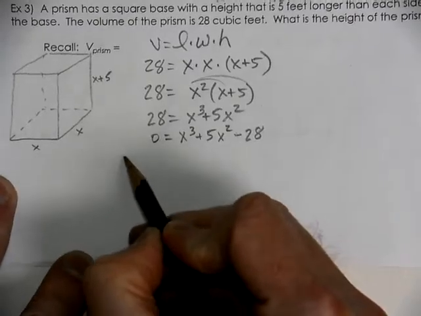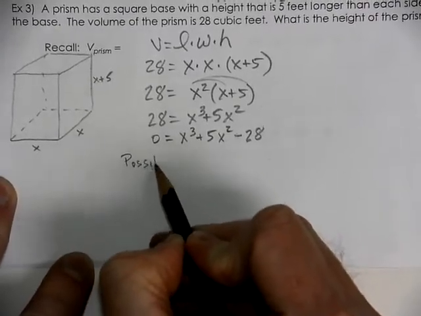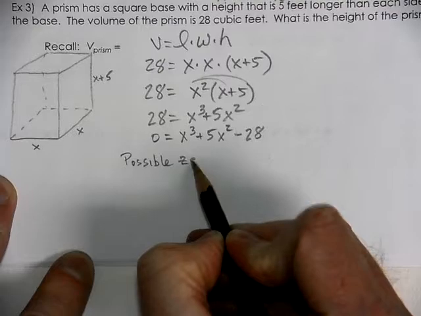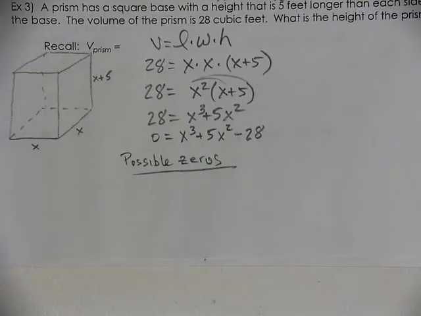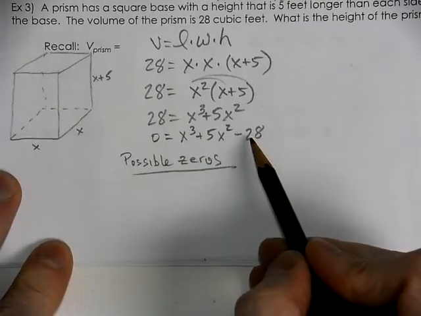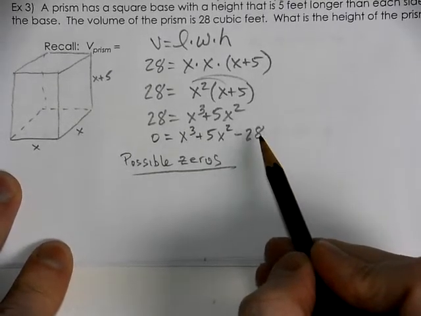So what we're going to look at are possible zeros. What does that mean to you? Possible zeros. We're looking at the possible zeros that go into 28.